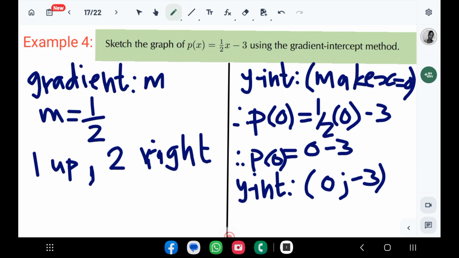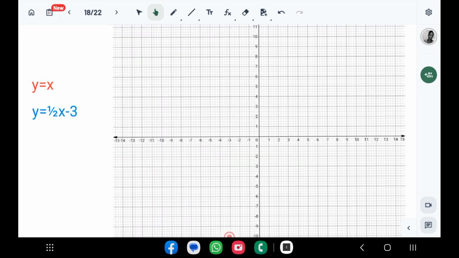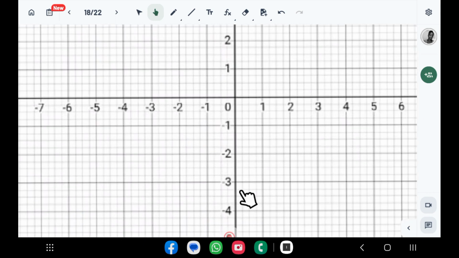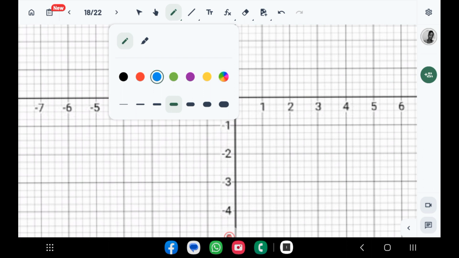So what we do is we indicate the y-intercept on the set of axes. That's negative 3. There is the point. Let's indicate the point.